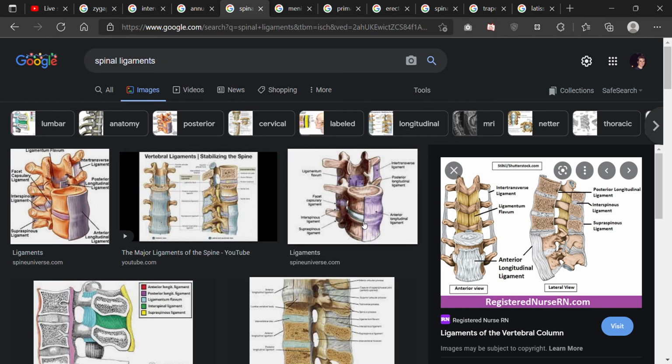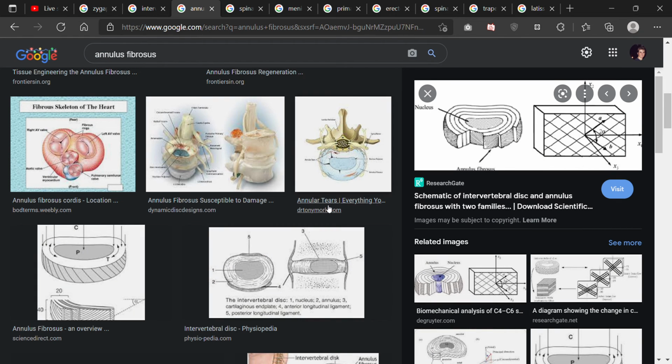Okay, so to circle back to the annulus fibrosus and the discs. Whenever we get up, gravity is always pushing down on us, and it's compressing our discs, our nuclei and our annuli.